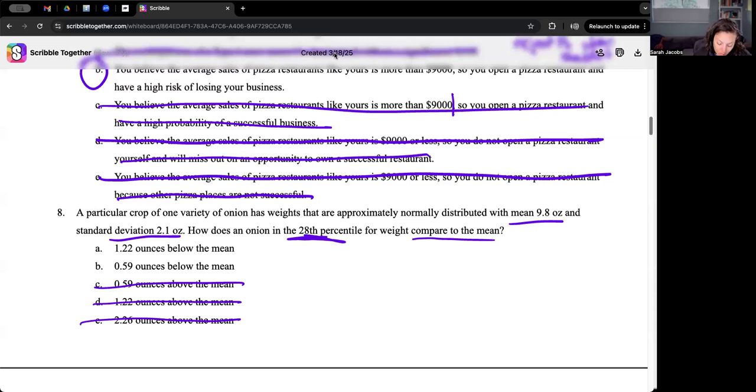Okay. So from here, to find a value when we know the percentile, we're going to say inverse norm. So second inverse norm. The area, since we're dealing with percentiles, we just want from the bottom to the 28th percentile.